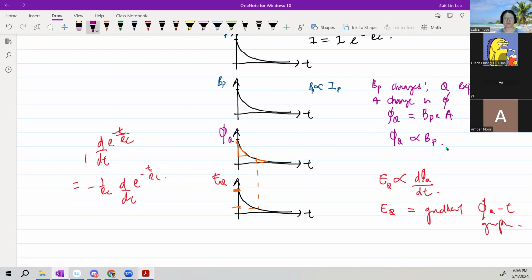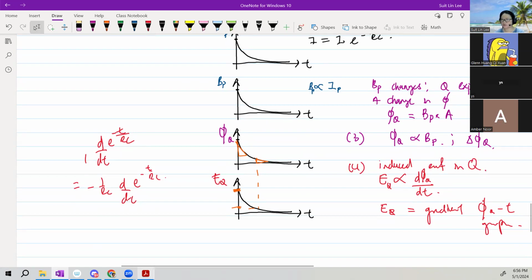And because flux Q changes, so this is number 3, there is a change in flux Q. Number 4, due to this, there is an induced EMF in Q. Does that make sense? There's an induced EMF in Q.